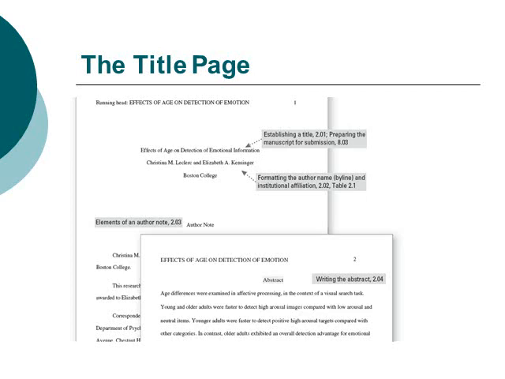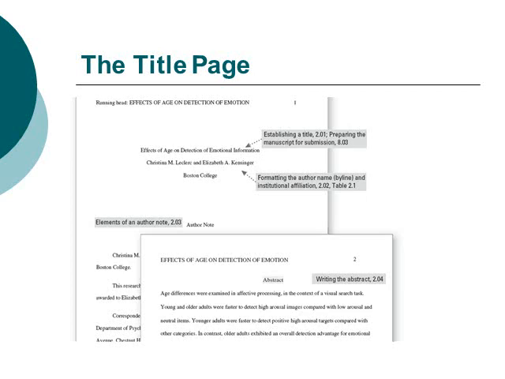A few more other things to note. On the first page of your paper in APA formatting, you're going to have the words running head. The word running is capitalized, the word head is not capitalized, and then you have a colon. After that, you're going to have the title of your paper.